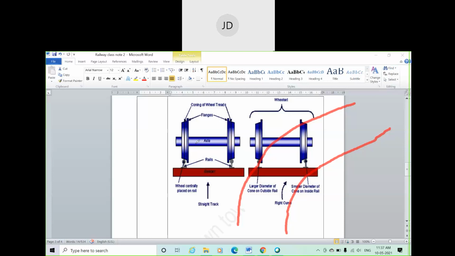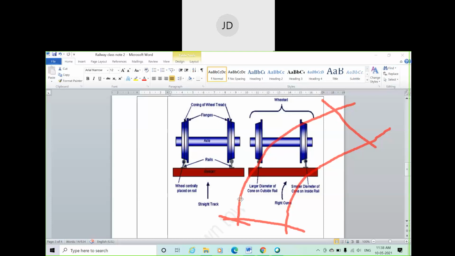So as per the statement, at a particular cross section, the length of the inner curve is smaller than the length of the outer curve. Okay, this is basic mathematics or basic geometry, you can say. In a particular cross section, the arc length of the outer curve is more than the inner curve.